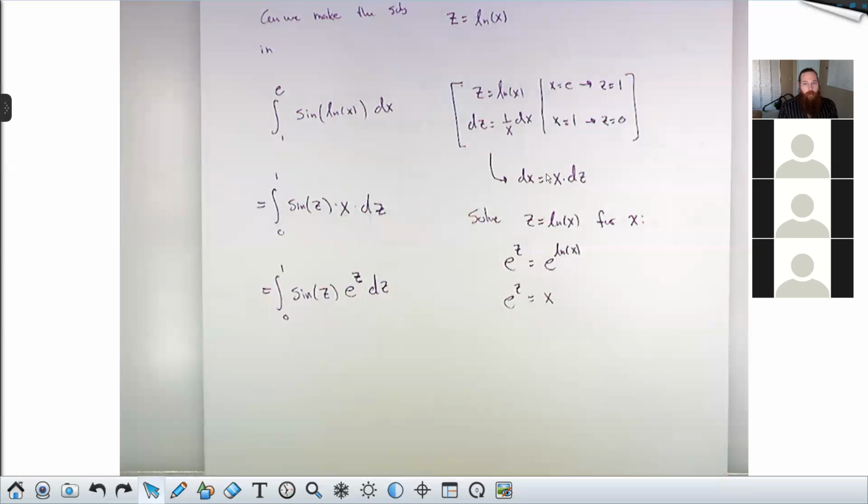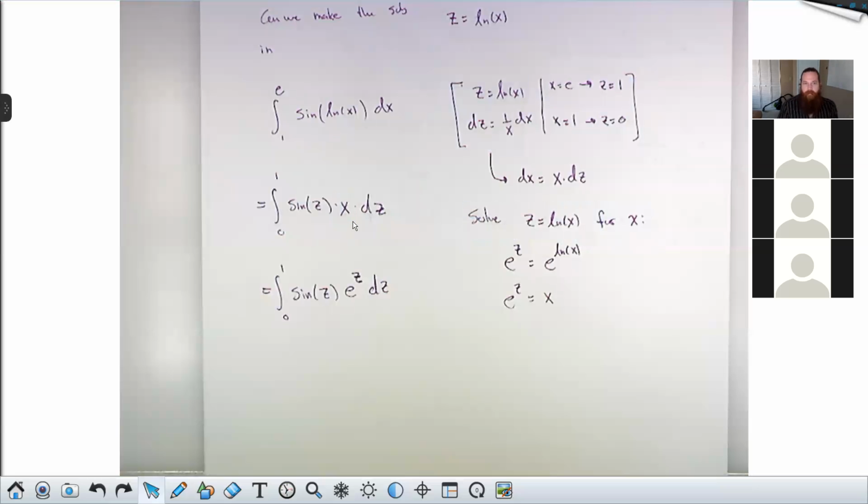But you can get around that by going back to your original substitution equation, z equals ln x, and solving it for the original variable. That will let you take care of any lingering bits that have not gone away.